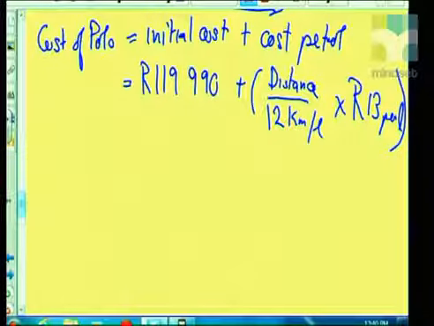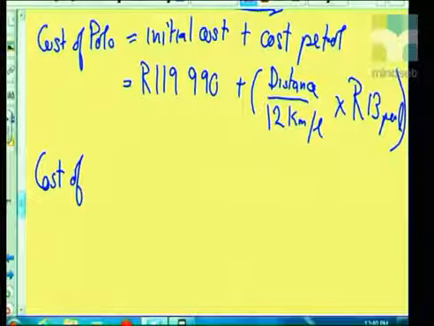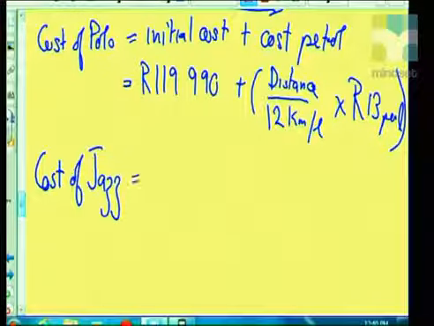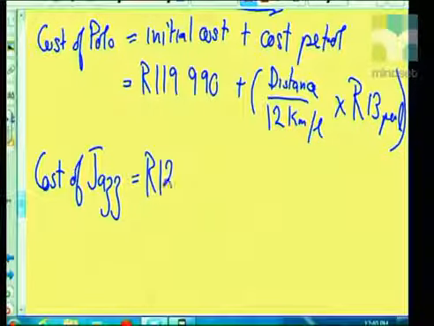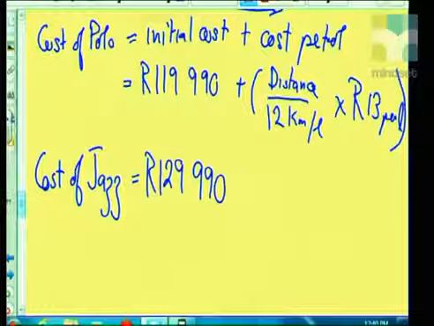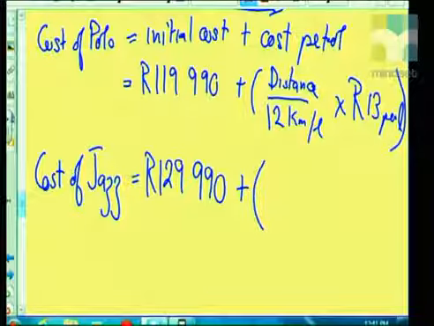I'm going to write the same sort of formula for the Jazz. The cost of the Jazz was equal to its initial cost, which was 129,990. But now the cost of petrol was slightly different.